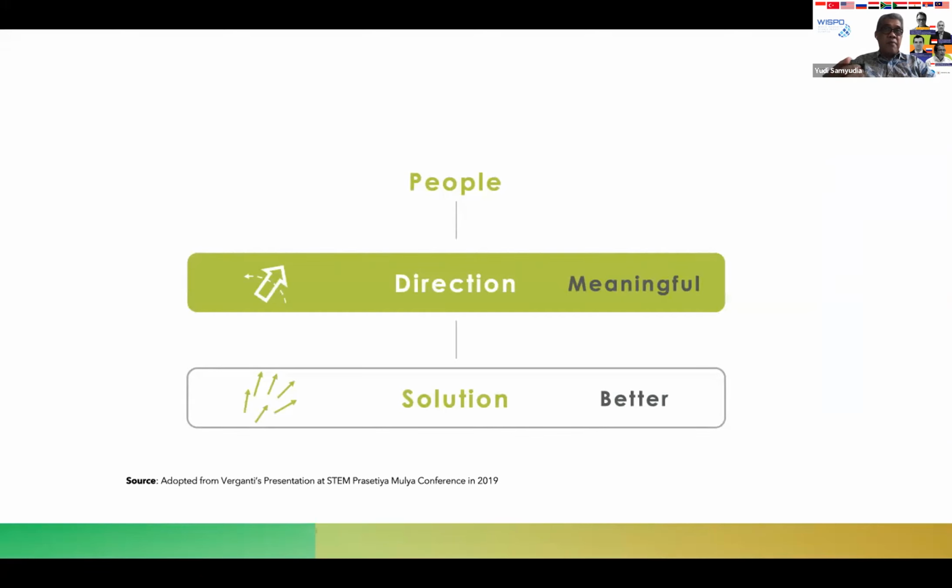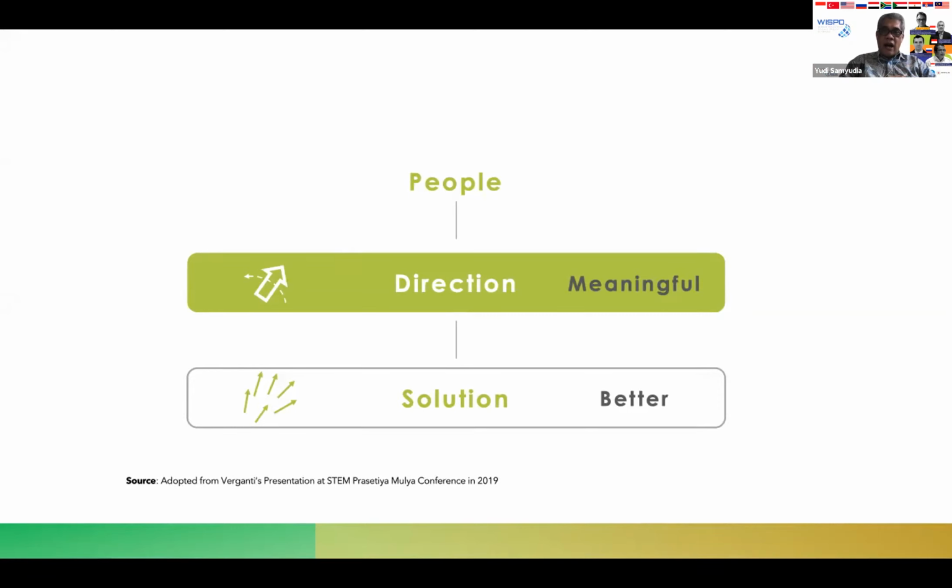Rather than making a problem solution and making it better, design-driven innovation tries to set the direction towards a meaningful product. This is a different level of innovation. That's why in this approach, leadership is very important. Leadership and innovation are two things that can make a direction towards the meaningful product.